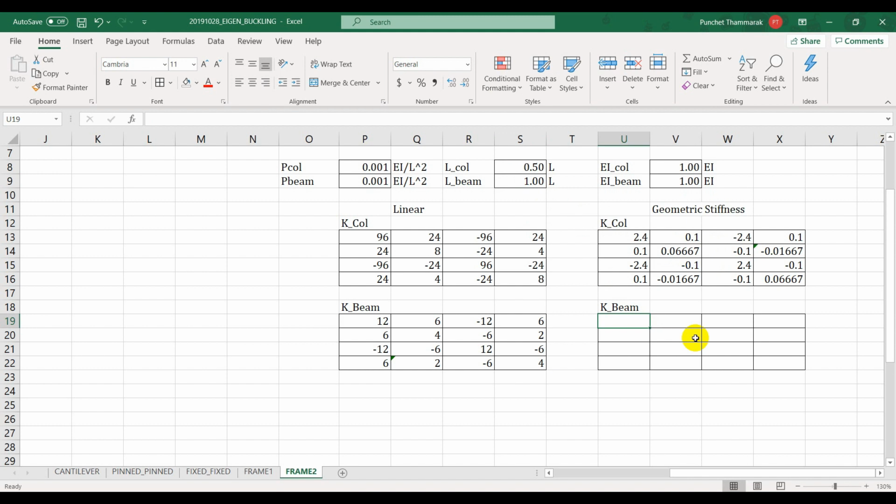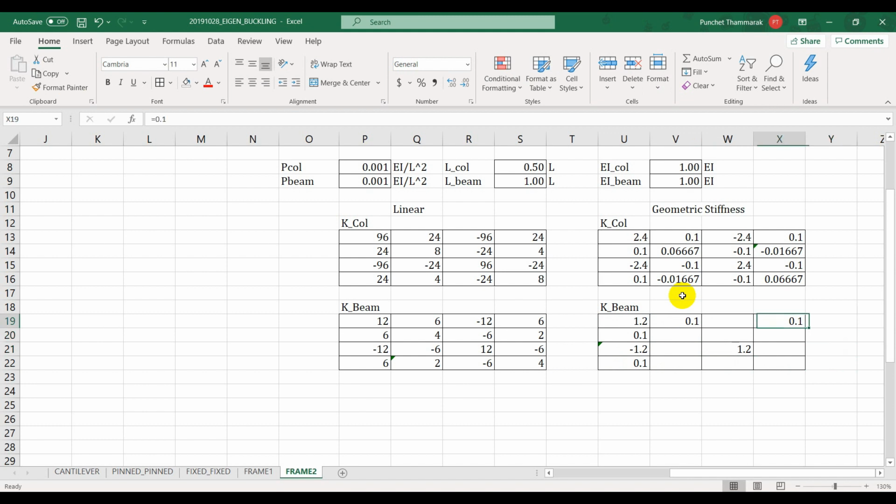And then this one equals to 1.2 times 1.2 divided by this equals to 0.1. Okay, equals to 0.1, equals to 0.1, equals to minus that one. This is this one.